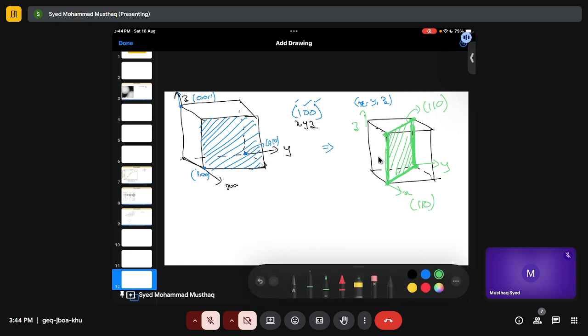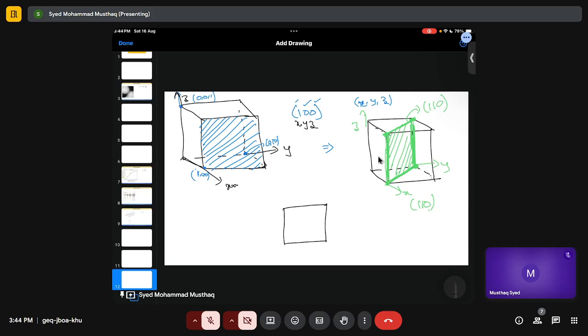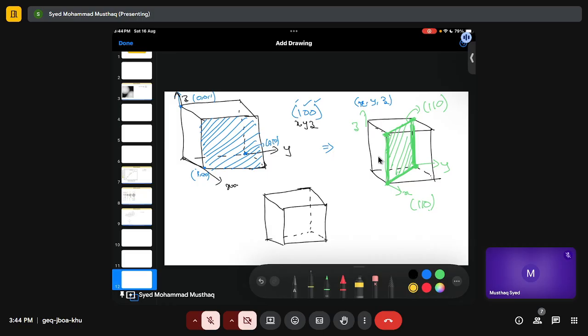And the final one. First, let me draw the cube. This is my y, this is my x. Now my 1, 1, 1 plane should touch z here, x here, and y. It should be a plane, it cannot be a line.